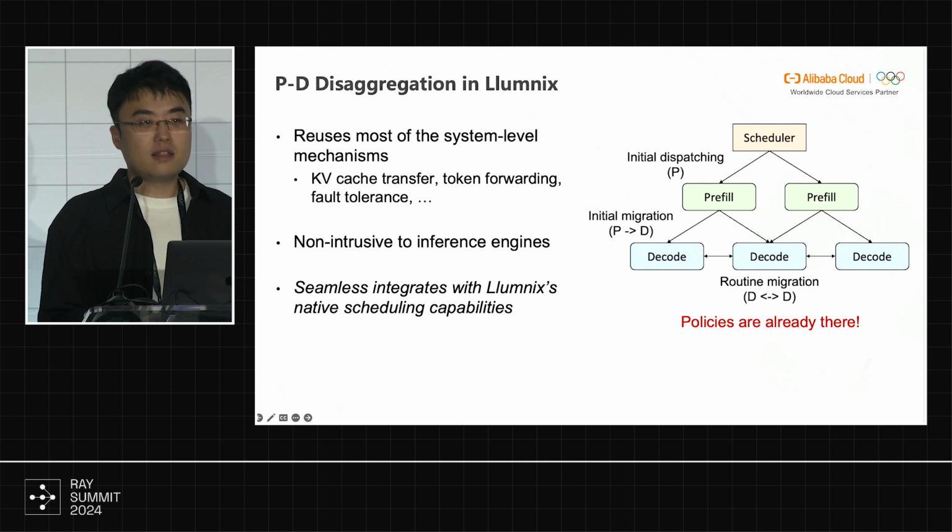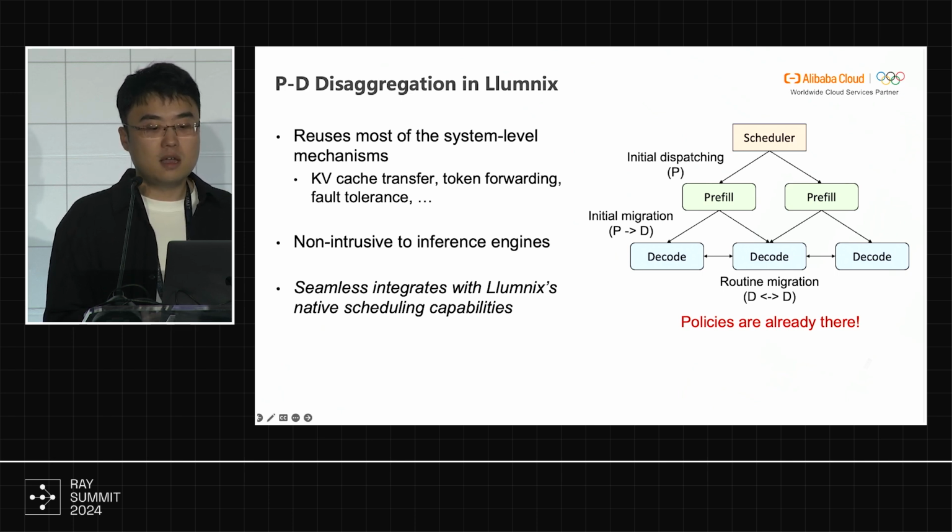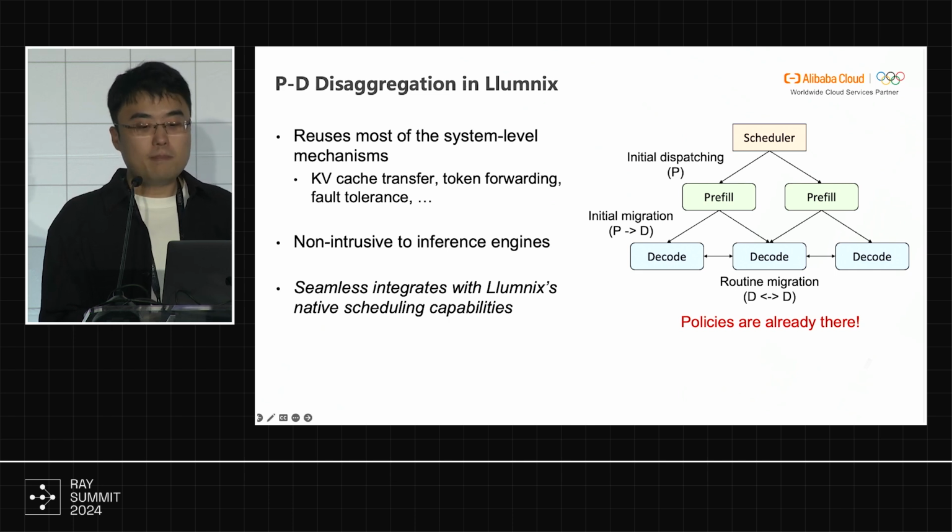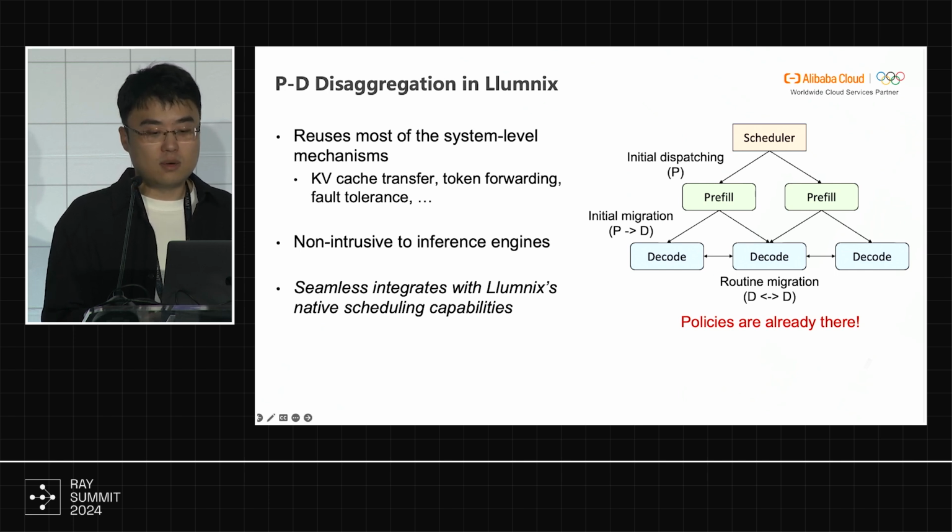And the last and most important benefit is that PD disaggregation can seamlessly integrate with the scheduling capabilities that Llumnix already has. For example, for the initial dispatching, you need to choose one P instance. When migrating to the D instances, you also need to choose one D instance, right? And Llumnix already does this.